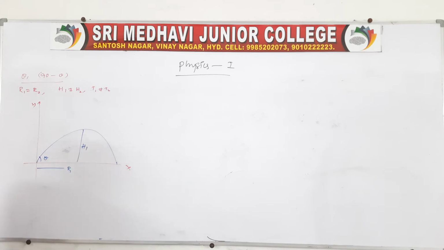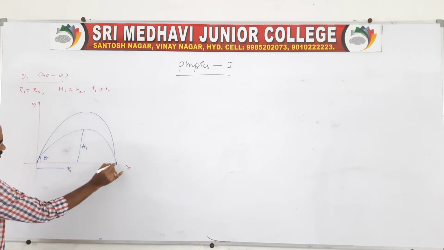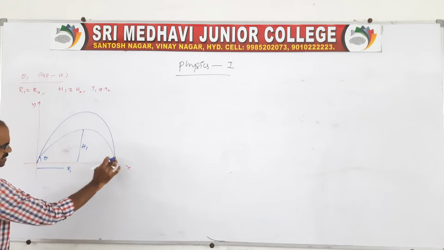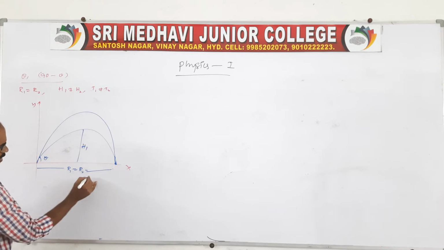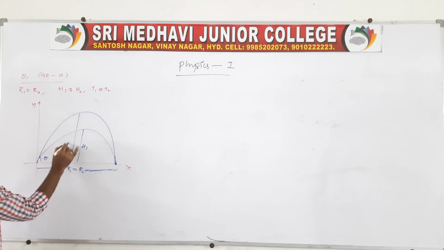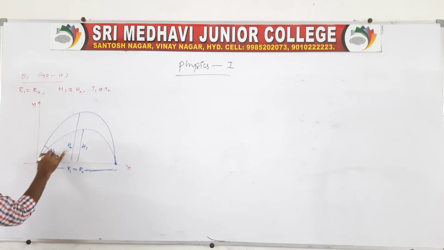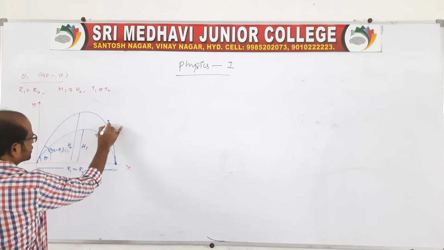And coming to the next angle, we may get the same range, r1 is equal to r2, but the maximum heights are different. Sir, can you show it in a mathematical way? Yes, I'll show you the mathematical way also. And the time of flights are different, t1 and t2.